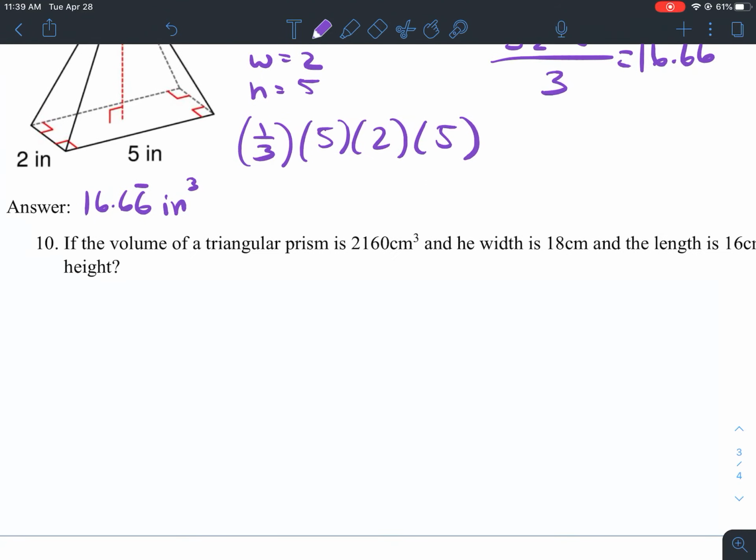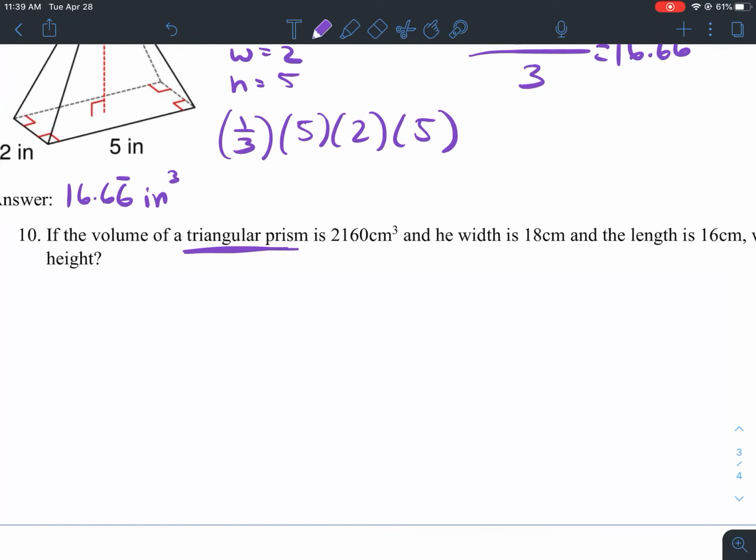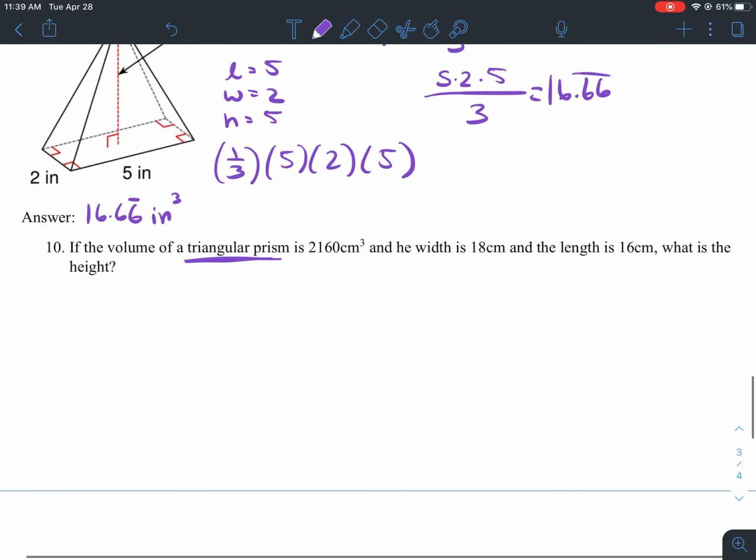And for the last problem, it says if the volume of a triangular prism is 2,160 centimeters cubed, and the width is 18 centimeters and the length is 16 centimeters, what is the height? An important part of approaching these word problems is making sure that you have the formula for the figure they're talking about.